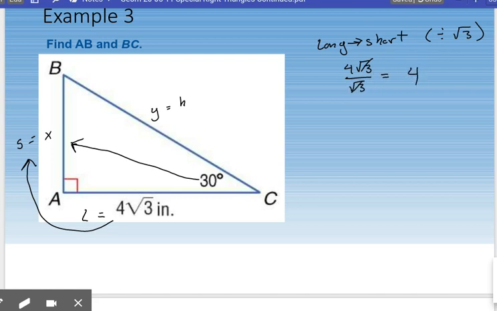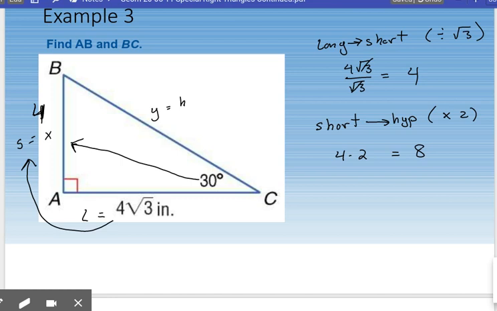So I know that this short leg is 4. I still need to figure out the hypotenuse. Remember, we always use the short leg. So I have short to hypotenuse. If I want to go from the short to hypotenuse, I'm going to multiply by 2. So I'm just going to go 4 times 2, and the hypotenuse is 8.